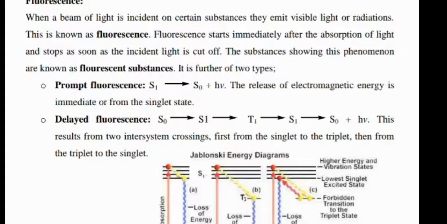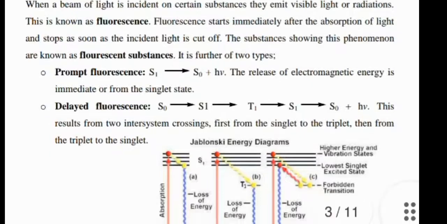Prompt fluorescence is S1 into S0 plus hν, where electromagnetic energy is emitted from the singlet state. Delayed fluorescence includes S0 into S1 into T1 into S1 and further into S0 plus hν. This results from two intersystem crossings, first from the singlet to the triplet, then from the triplet to the singlet.